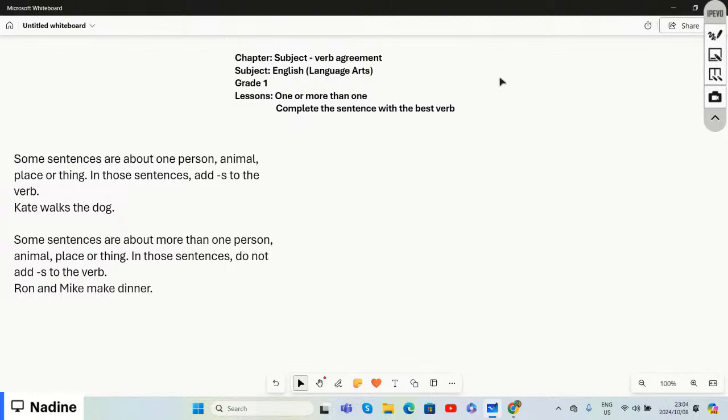And the lessons that we are going to be focusing on under the chapter of subject verb agreement are one or more than one, and to complete the sentence with the best verb. So that is going to be our lessons for today. One or more than one, and to complete the sentence with the best verb.